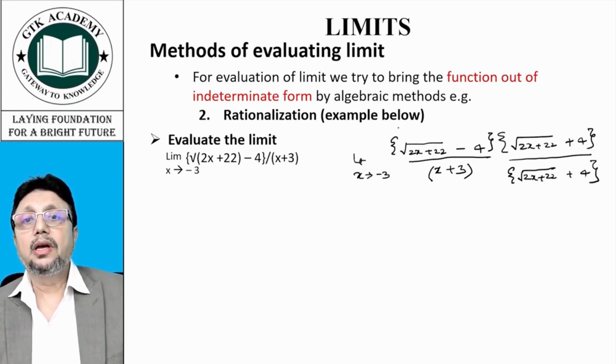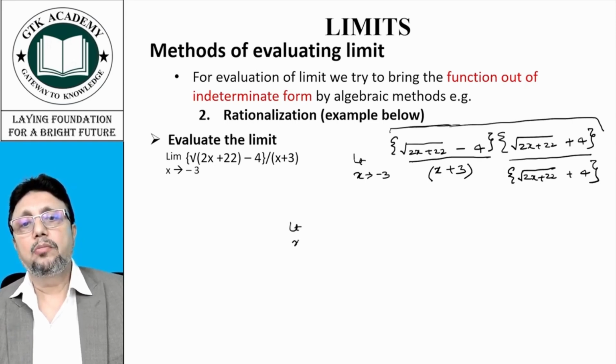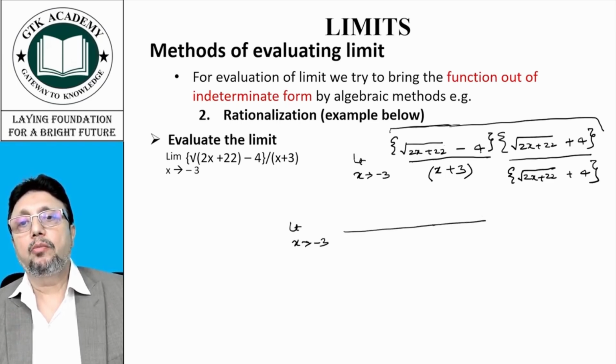Now what will happen in these two expressions? The numerator will become under root 2x plus 22 whole square minus 4 square. That means 2x plus 22 minus 16, since 4 square is 16.